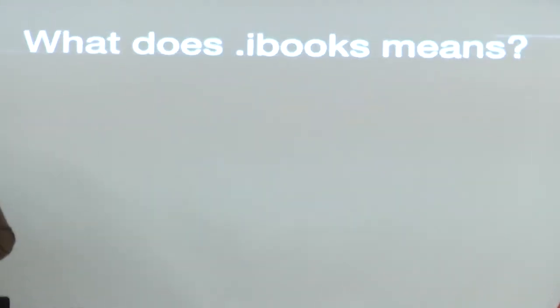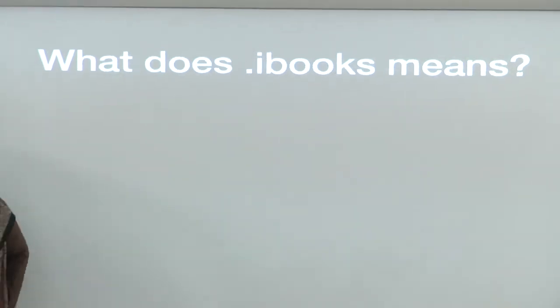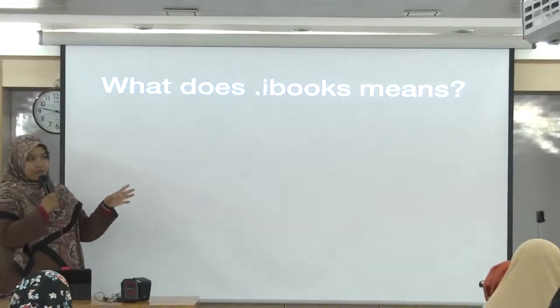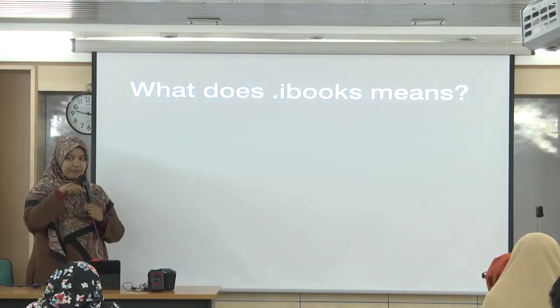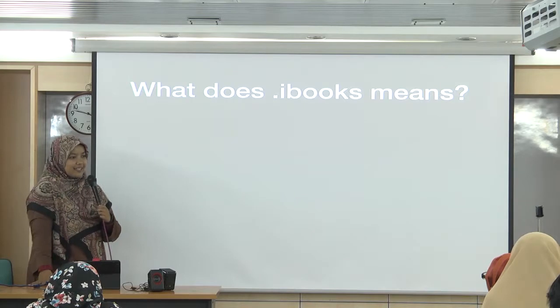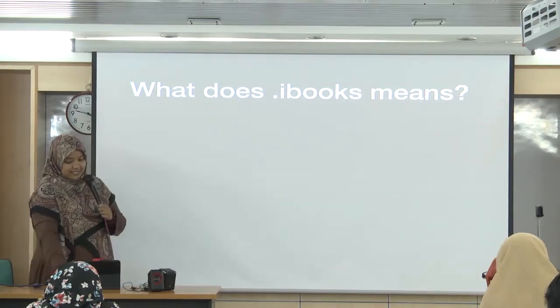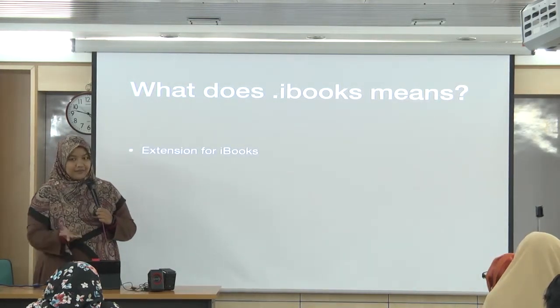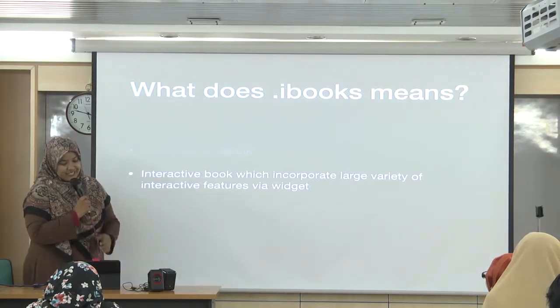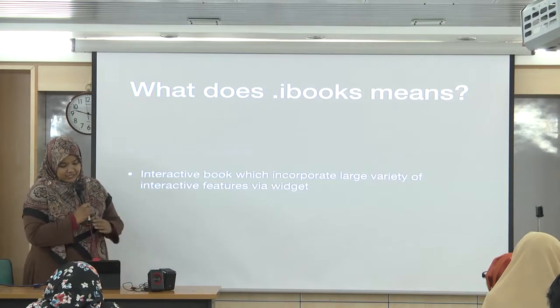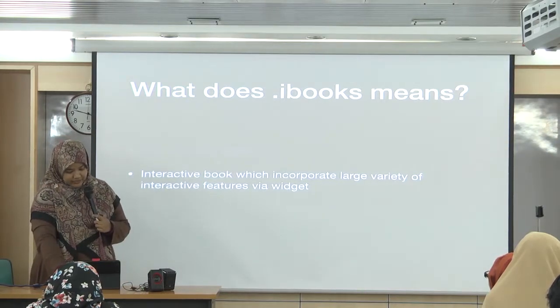So what does .iBooks mean? Usually ebooks are .pdf or .epub, basically, right? So .iBooks is the extension for iBooks. It is an interactive book which incorporates a large variety of interactive features via widgets.